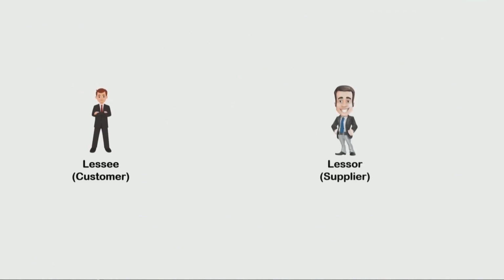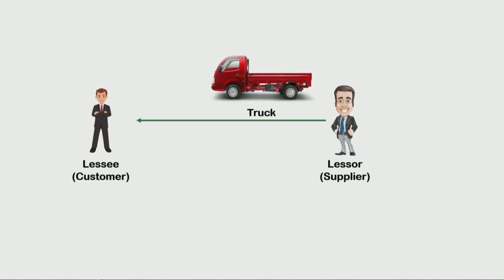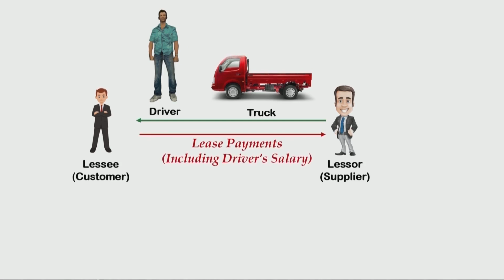So there are two parties involved in a contract, the customer and the supplier, or the lessee and the lessor, and the lessee is taking a truck under a lease and the lessor provides a truck along with a driver, and therefore the lease payments made by the lessee to the lessor include the driver's salary as well.